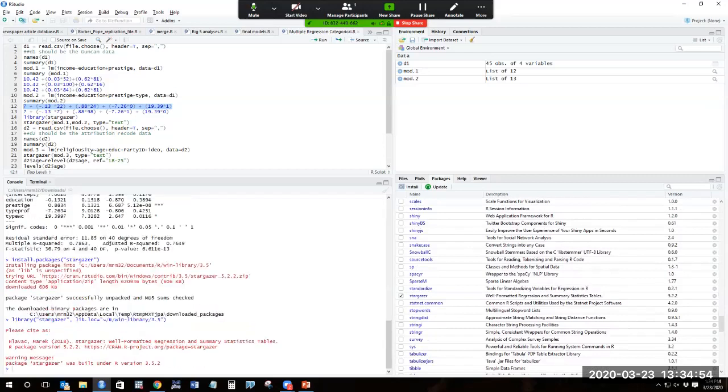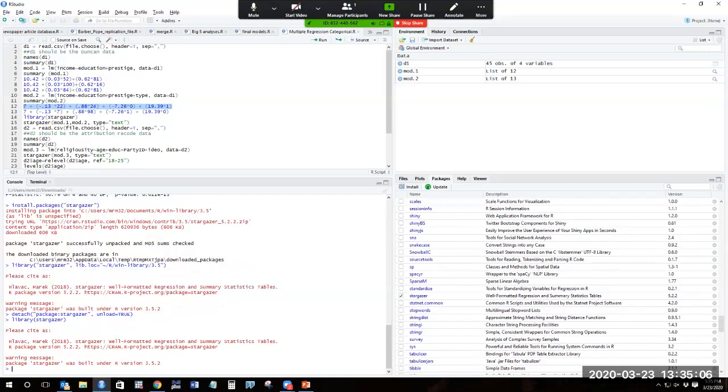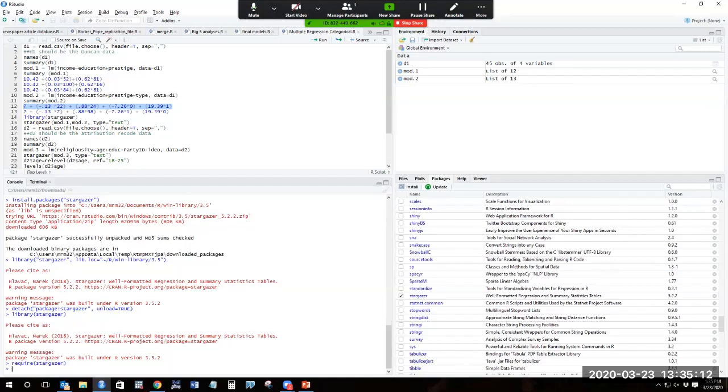Or you can type in here library Stargazer, or you can do require Stargazer. All of those do the same thing.